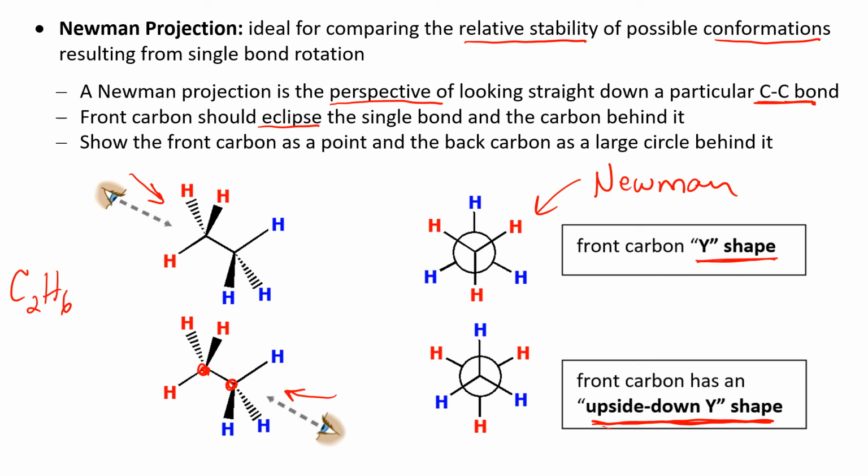So what we need to be able to do first is convert a bond line structure to a Newman. Then we're going to learn how to convert a Newman back to a bond line. And once we're proficient in drawing Newman projections, then we can learn about the conformational stability of different rotational states by looking at a Newman projection. So that's where we're going.